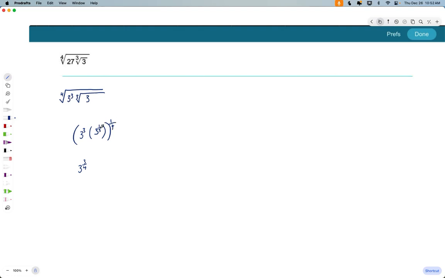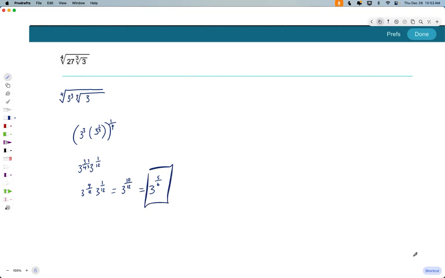And 1/4 times 1/3, that's going to be 3 to the 1/12. So in order to have the same denominator, we're going to multiply by 3/3. And that's going to be 3 to the 9/12 times 3 to the 1/12, which we know we can add now that they have the same denominator. That's going to be 3 to the 10/12. But this can be reduced. So that's actually 3 to the 5/6. That would be your solution.